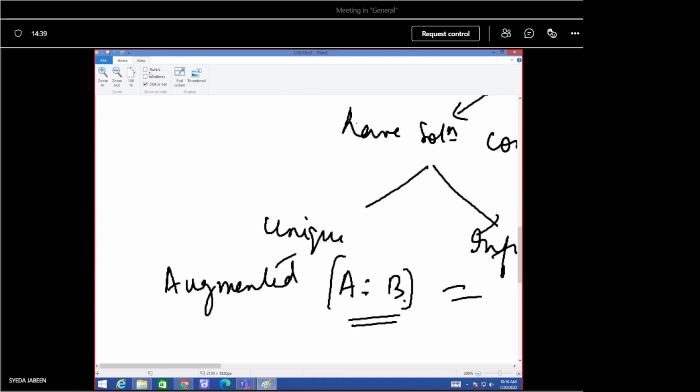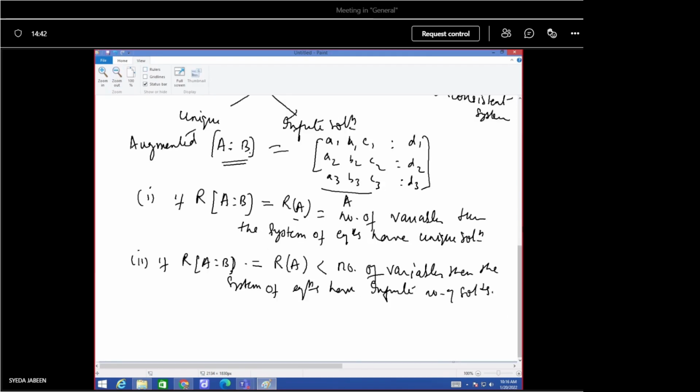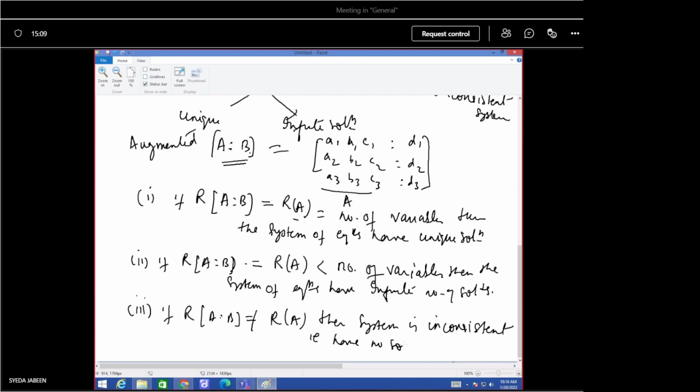And the third case is if the rank of the augmented matrix is not equal to the rank of the matrix A, then the system is inconsistent, that is, it has no solution. Clear? So this is for the non-homogeneous system of equations.